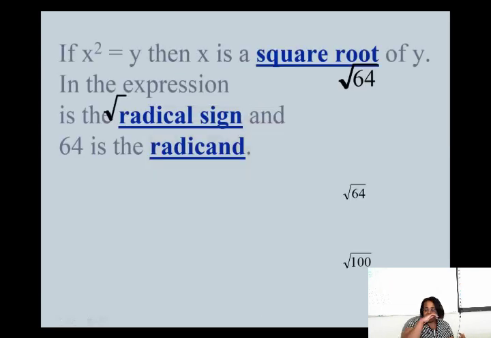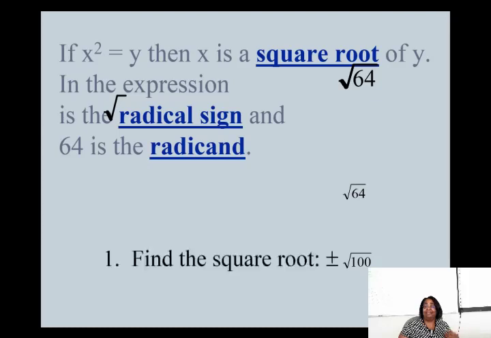Now, when you see the square root, you're going to have this radical sign right here, this little radical. So what's the square root of 64? What number times itself gives me 64? No, 6 times 6 is 36. 8.